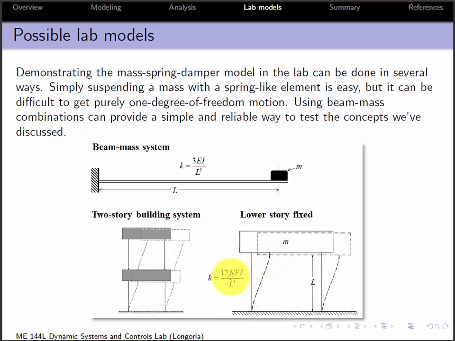So that's n there. For the system we have, each story has 4, so you'd put a 4 in here, and then you could estimate the stiffness if you knew your Young's modulus, the length, and your area moment of inertia.